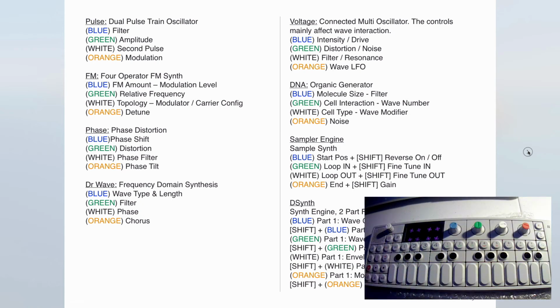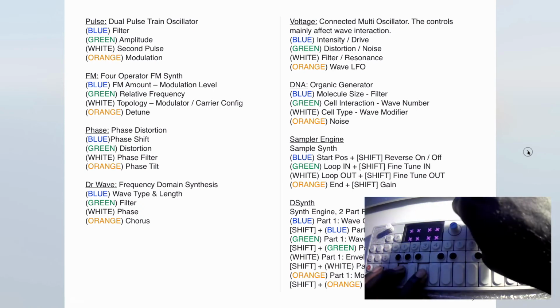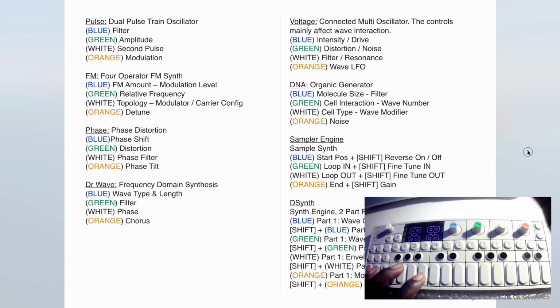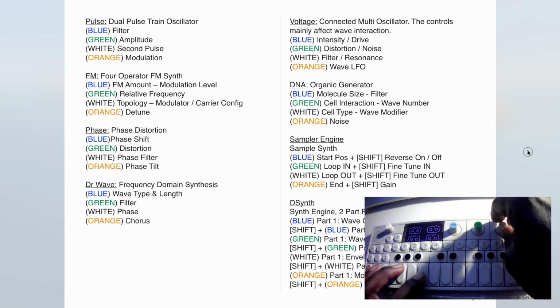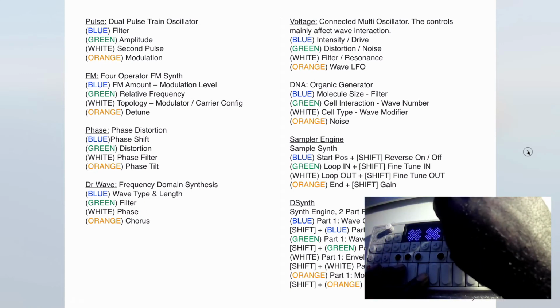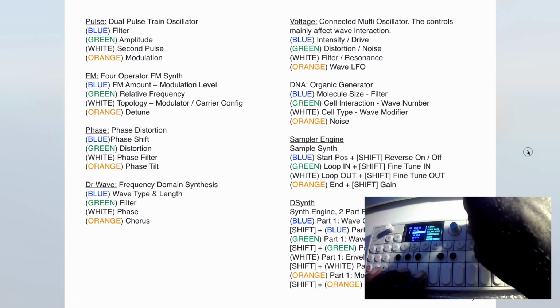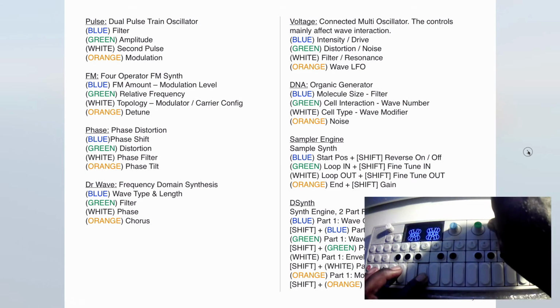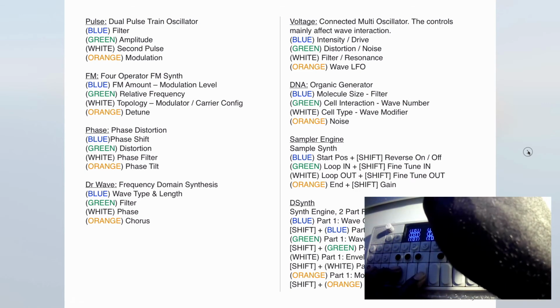Green controls cell interaction or wave number. So just with a few knobs, you change the sound. Just with a little knob, a little change. White controls cell type or wave modifier. Let's choose a different preset. Let's choose that one in there. So I'm adjusting the blue one again.